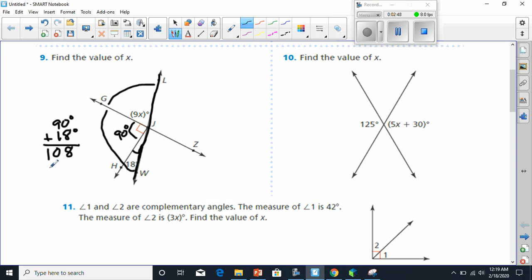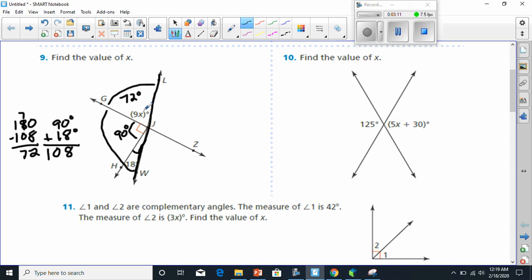So we've got 180 minus 108. That's going to give us 2. We borrowed one from here, so that leaves us 7. So this angle is 72 degrees.